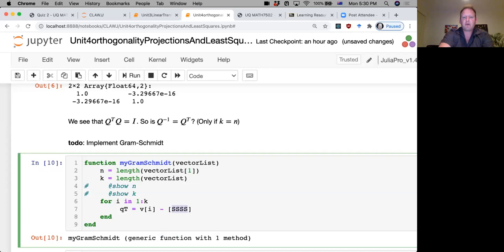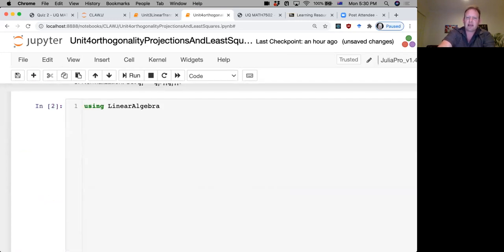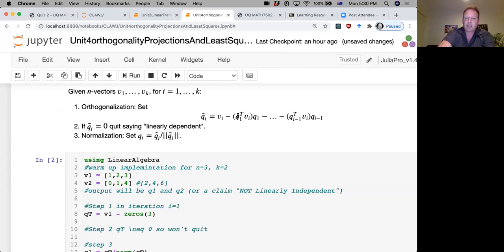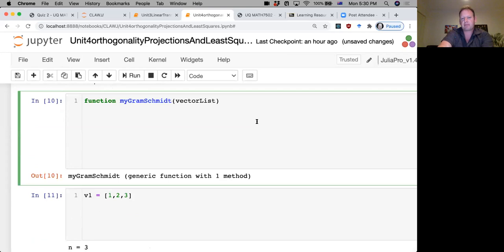So what we want here is we're going to do something for j in 1 to i minus 1, and then we're going to sum these things. Each time, what we're going to do in this summation is exactly the qj inner product with vi multiplied by the vector qj.